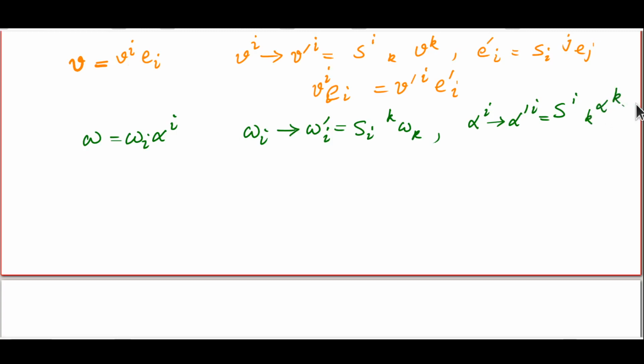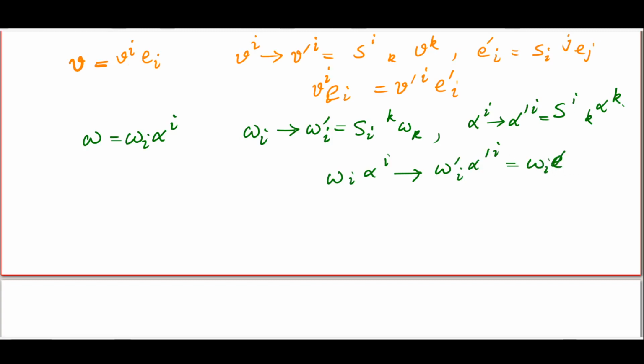And that's again just sufficient to ensure that omega i alpha i goes over under a coordinate transformation to omega prime i alpha prime i, which is exactly the same as what it was originally.